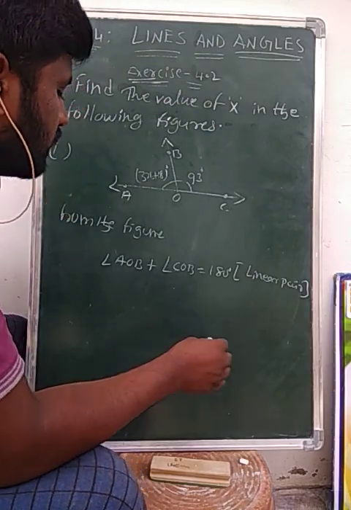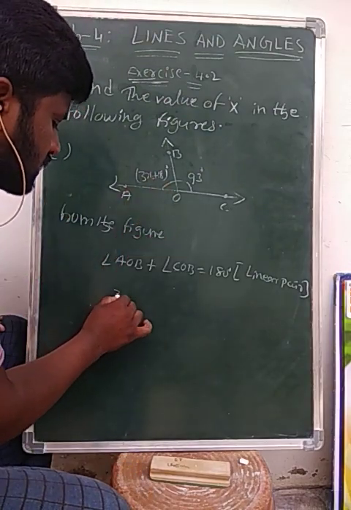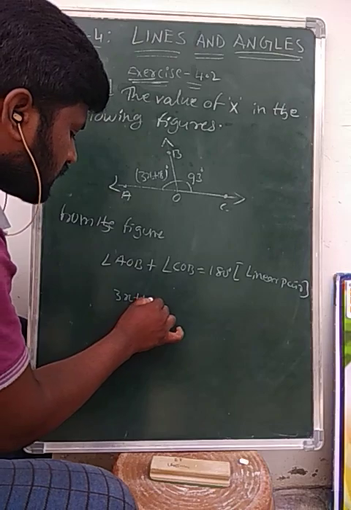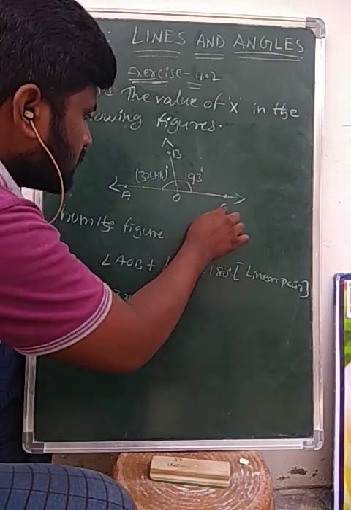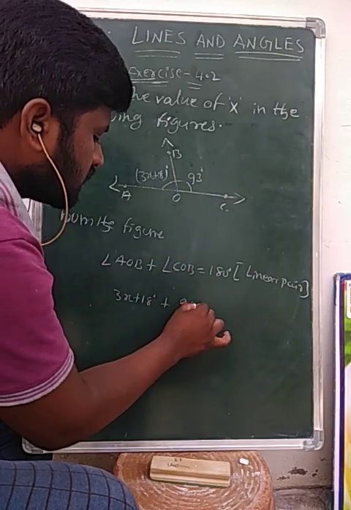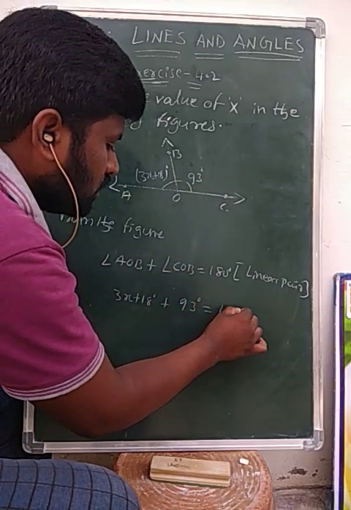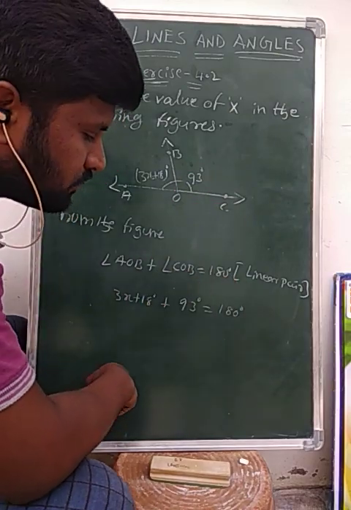Okay, now angle AOB is given as 3x plus 18 degrees, plus angle COB, that is 93 degrees, equals 180 degrees.